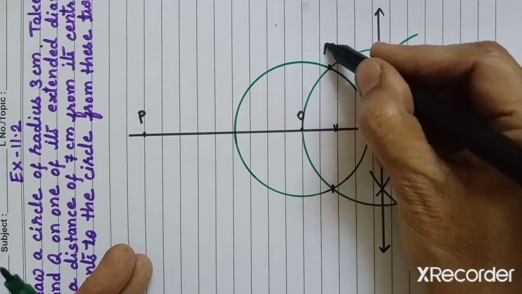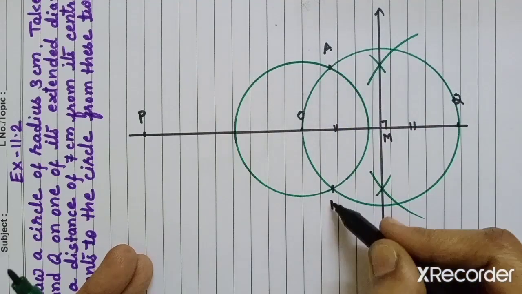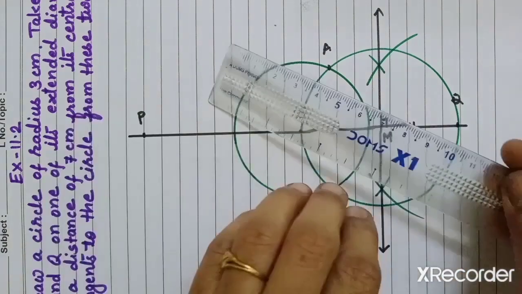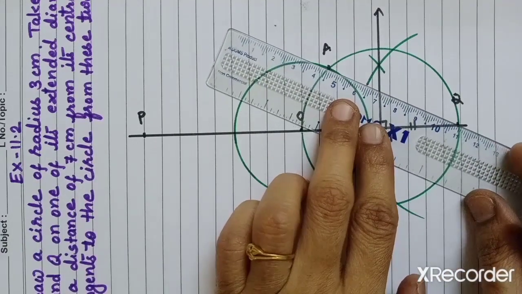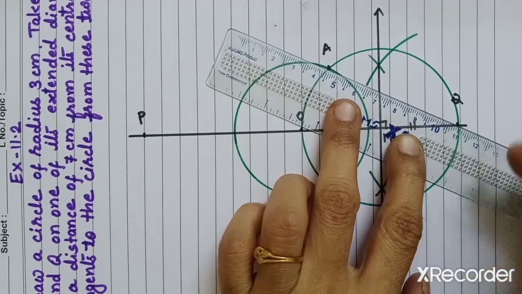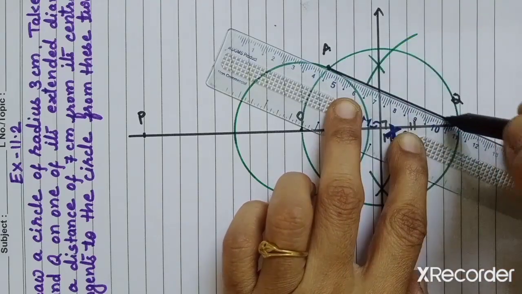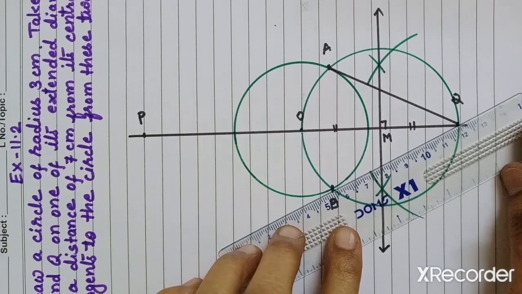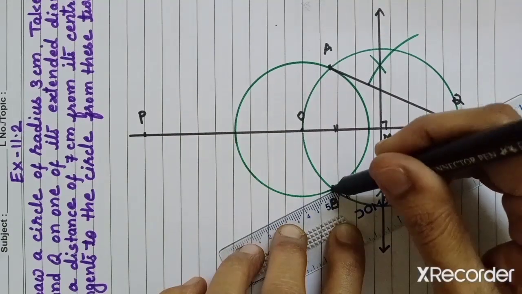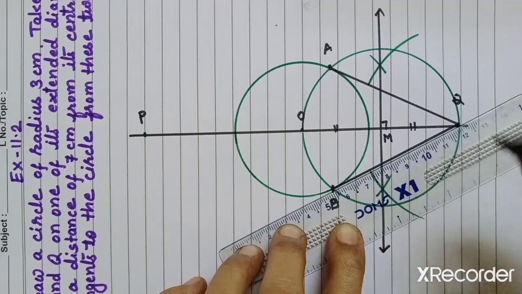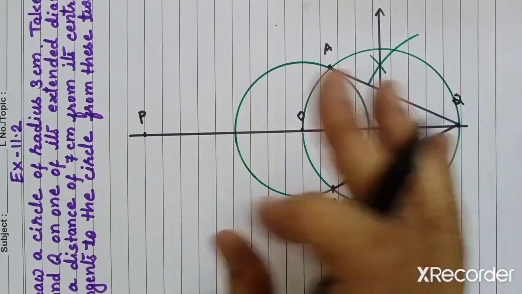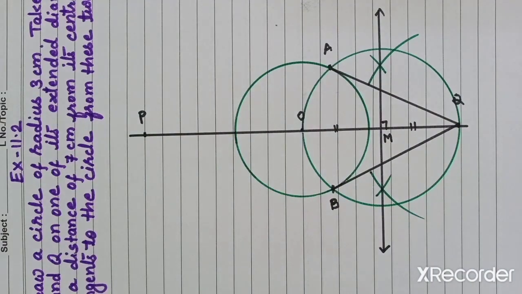So name them as point A, point B, and join them. So join AQ and join BQ. Right. Now the same process we will repeat on the other side.